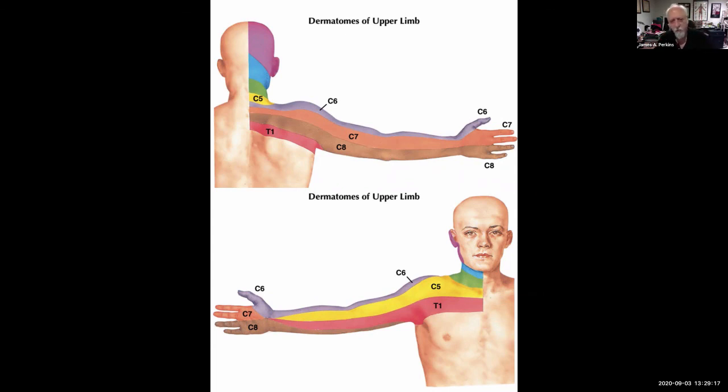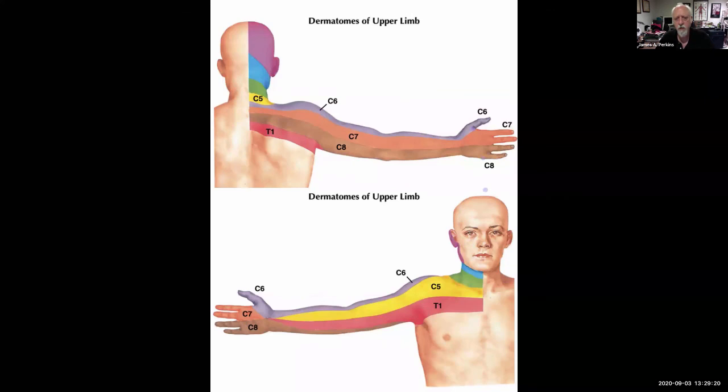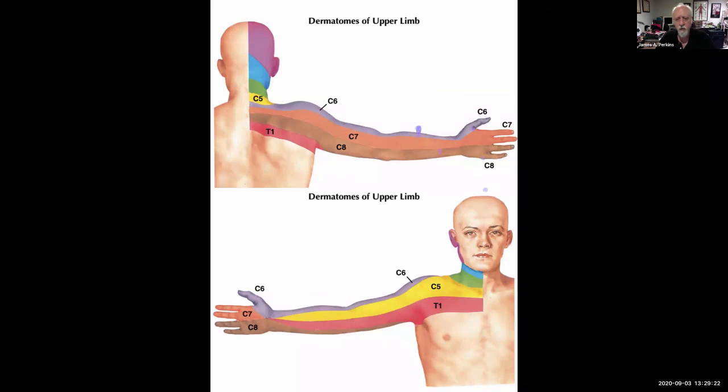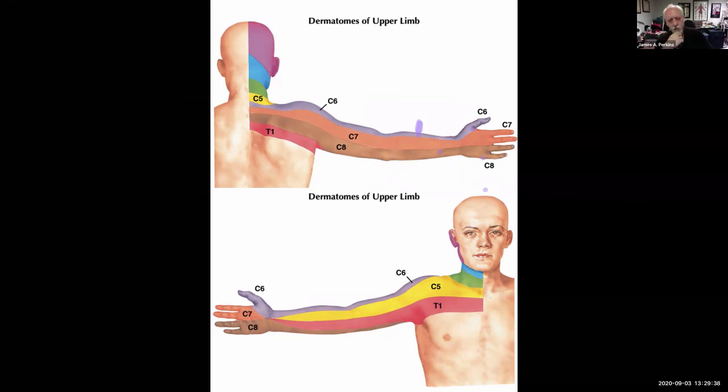So for example, let's say I put a pin in the skin on the lateral forearm right there. Well, I know that the entire lateral surface of the upper limb, including the thumb, lateral forearm, and lateral brachium, is all part of the C6 dermatome based on this map. But then if I can get to my other map.